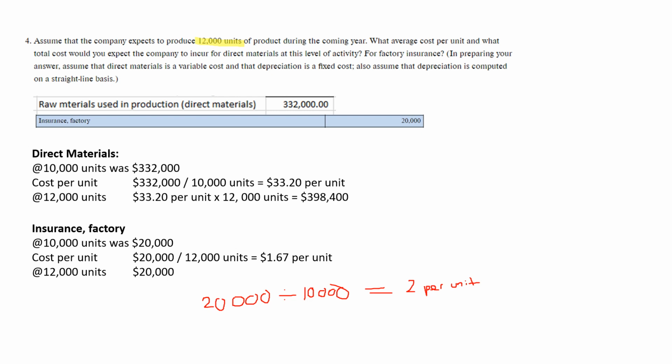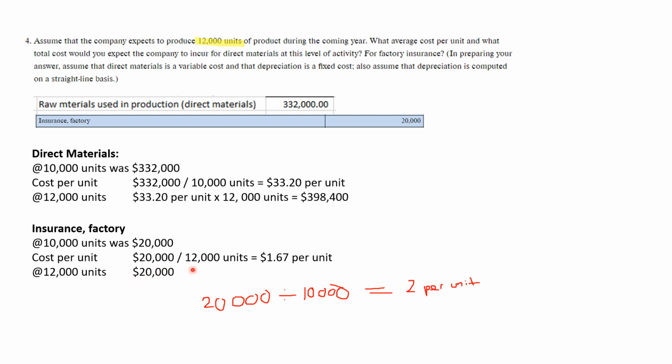The cost per unit for our fixed cost will change based on the activity. Our new cost per unit is now $1.67 per unit, rounded of course. So now it has decreased because our number of units has increased, so there's more to break up that total fixed cost. But you can also see at 12,000 units, our total cost of $20,000 remains unchanged.